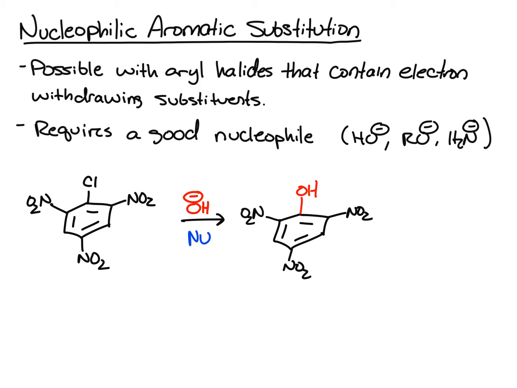Now this particular example was chosen carefully because the nitro groups were ortho and para to the chlorine. And it is an important feature to realize that you need these electron withdrawing substituents at the ortho and/or para positions.